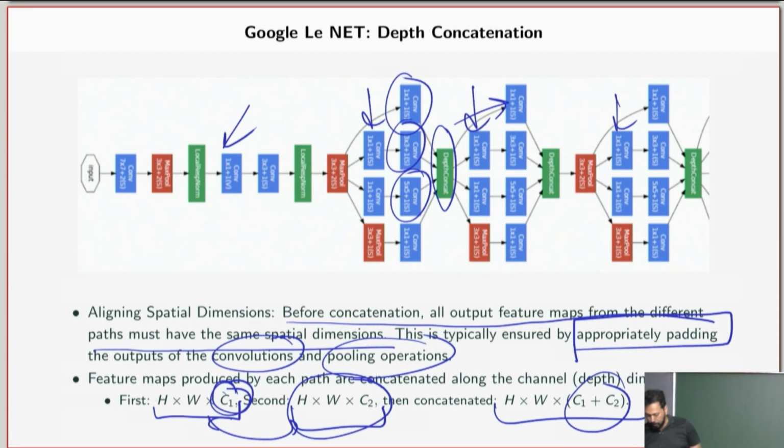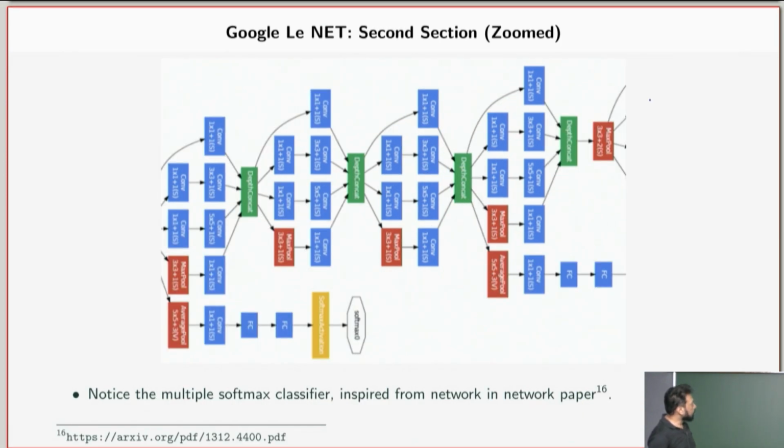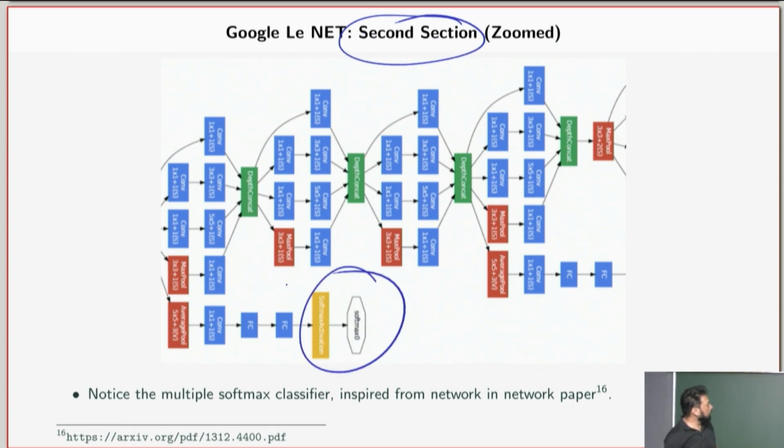Another thing that they tried is something called local classifier. They call it local classifier. So this is just one section, the second section of the GoogLeNet. It was a big network. Let us say I took the middle segment, and you can see a softmax right in the middle.